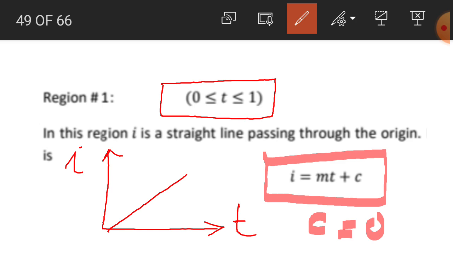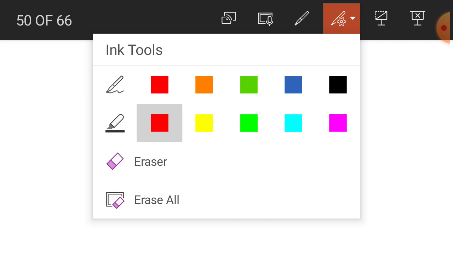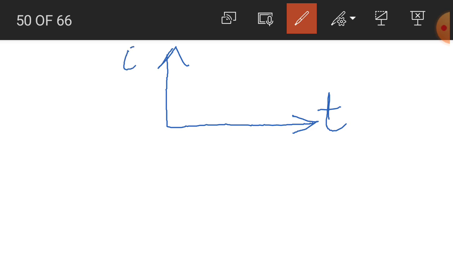What we need to do is calculate the slope of this line. We consider region number 1 and the slope in region number 1. We have the current over here, and a straight line in region number 1.